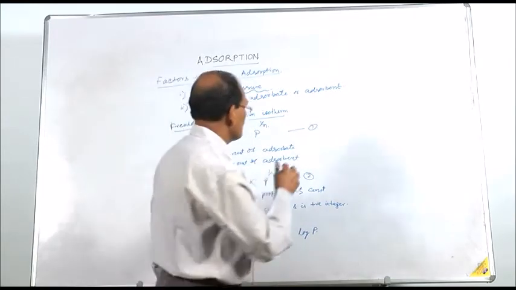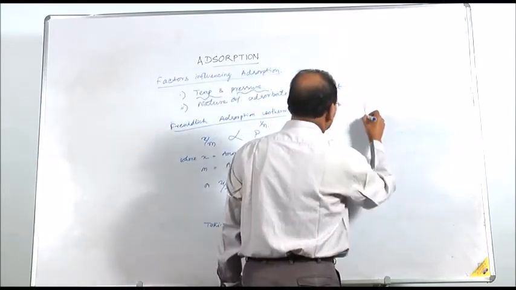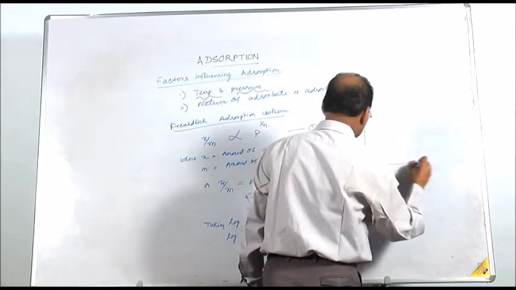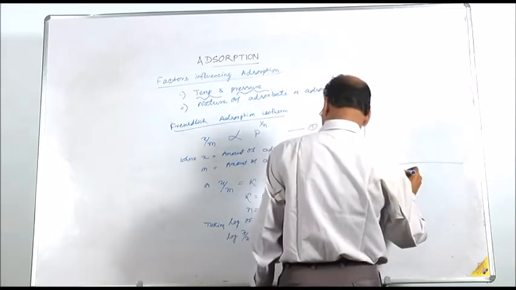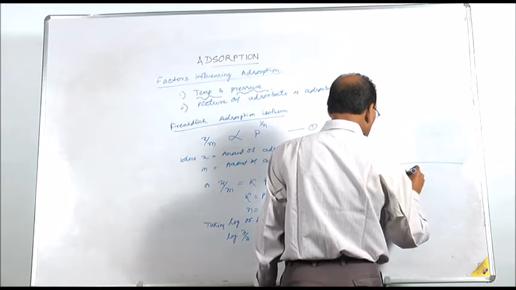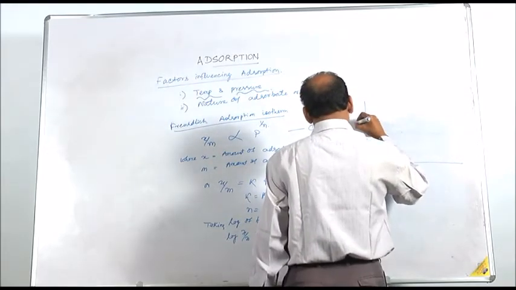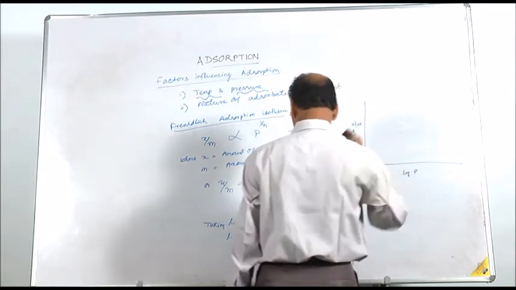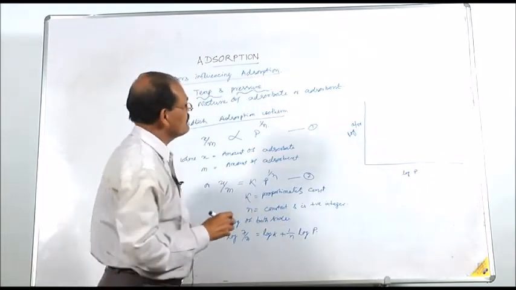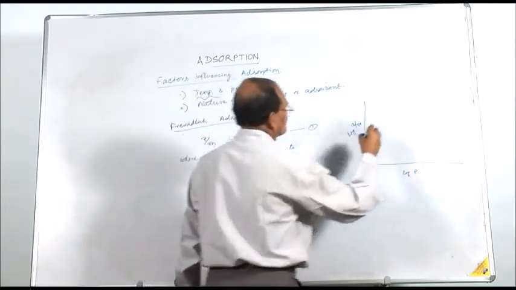But here, if you plot a graph of log p against log x by m, that gives a straight line like this.